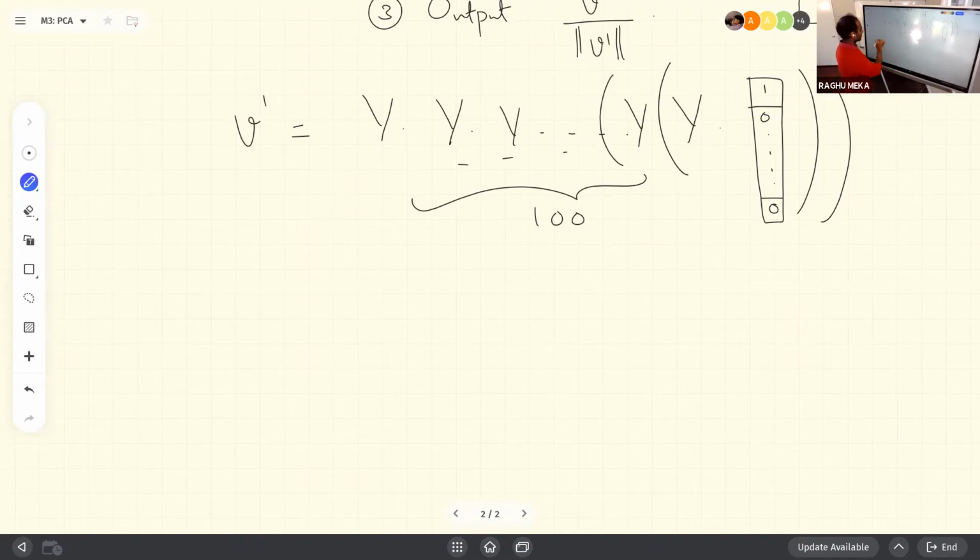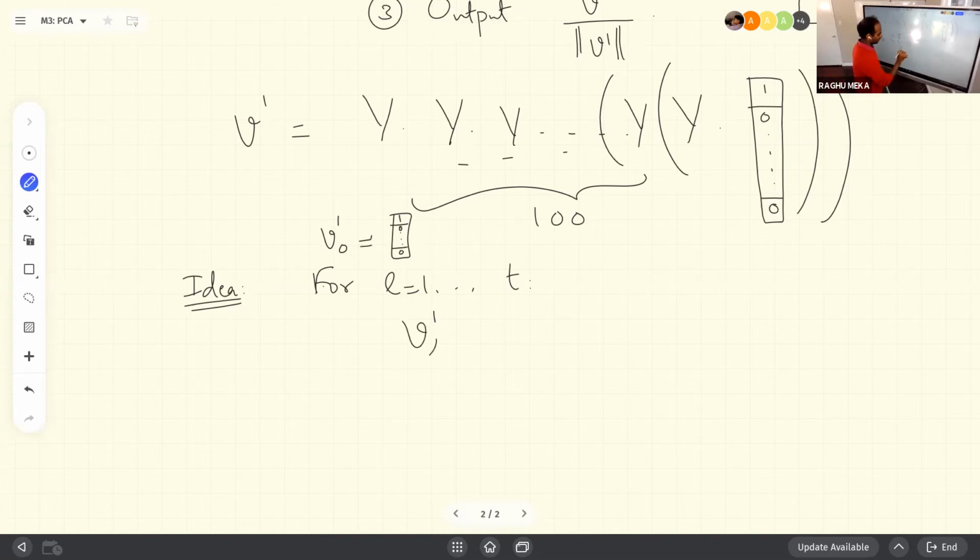So the idea is, for L equals 1 to t, you start with, let's say, v prime 0 as the vector 1, all zeros, and compute v prime L as y times v prime L minus 1.